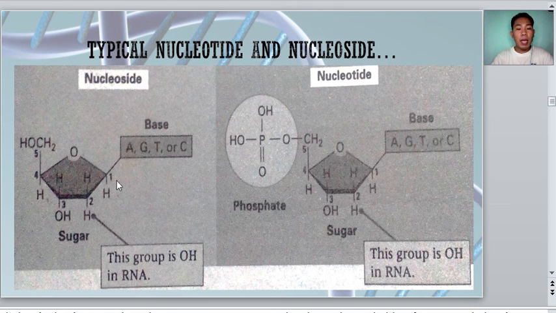So the base is attached to the 1' carbon, and in nucleic acid, the nucleotides are joined to form a polynucleotide chain in which the phosphate attached to the 5' carbon of the sugar is linked to the hydroxyl group attached to the 3' carbon of the next sugar.